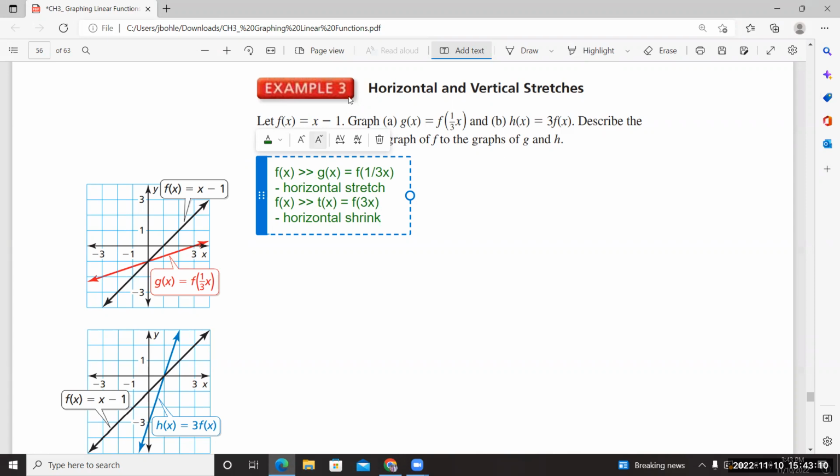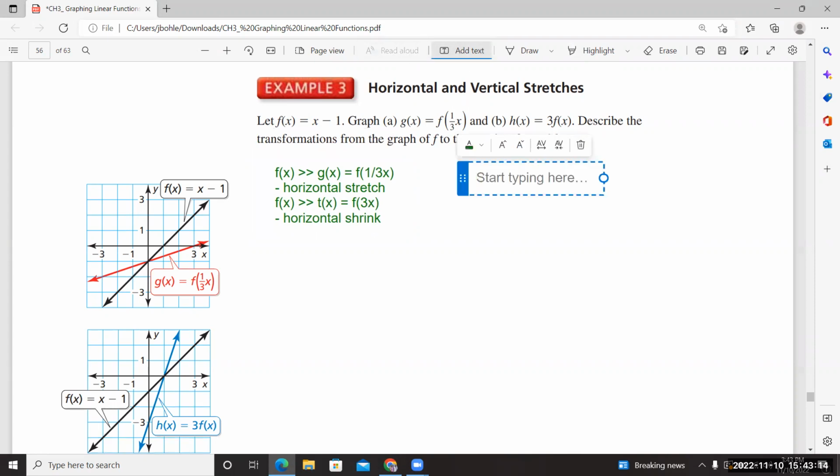Okay, so let's categorize this because I think we're going to do these separately. If I take a function f of x and I translate it so that I now have f of a times x, we need to consider what a is.